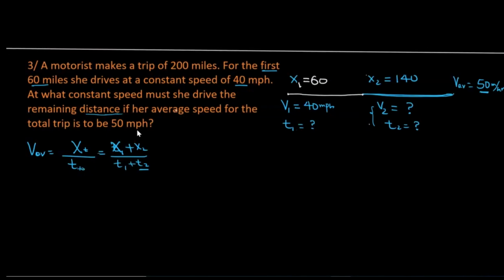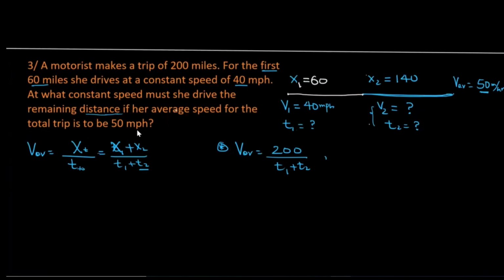I have two unknown variables here, but what I can do is create an equation for average velocity. So v average is equal to the 60 plus the 140, which I can simply write as 200, over t1 plus t2.